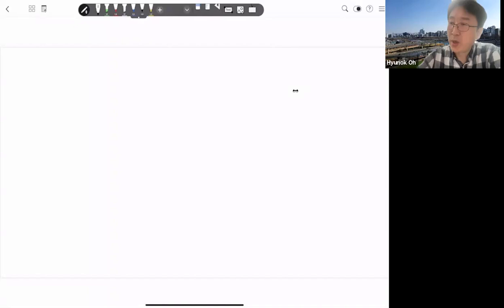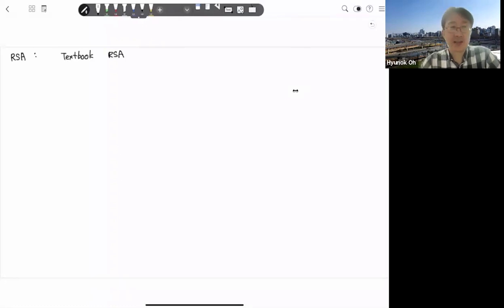Okay, so we are looking at the RSA scheme. Last time we looked at the textbook RSA, which means that it is not a randomized algorithm.